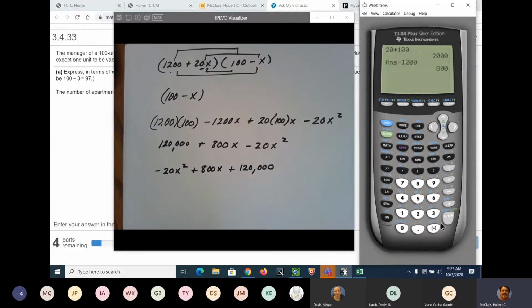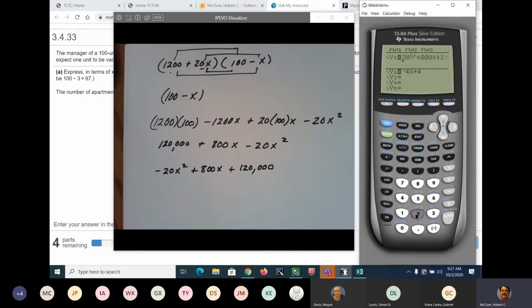Now, you can do this. I tell you what, the easiest way to do this is on the calculator, because all you've got to find is your x-intercepts, and maybe your vertex. So I'm going to go to my handy dandy calculator and type it in. Negative 20x squared plus 800x plus 120,000.